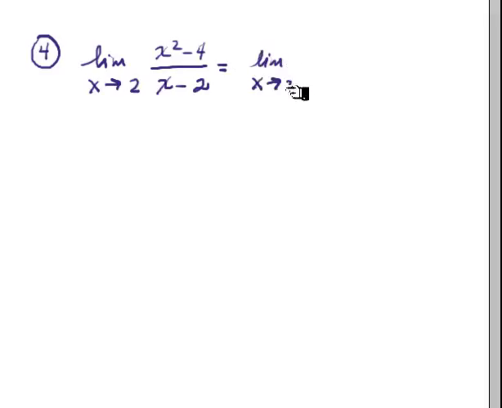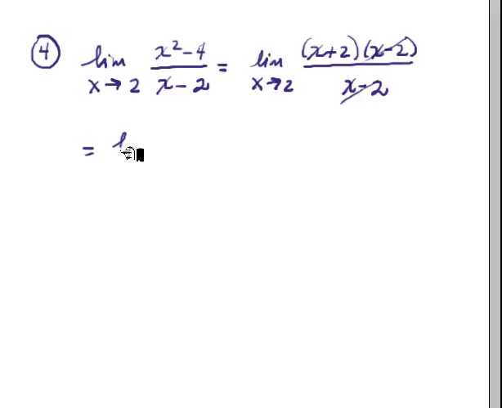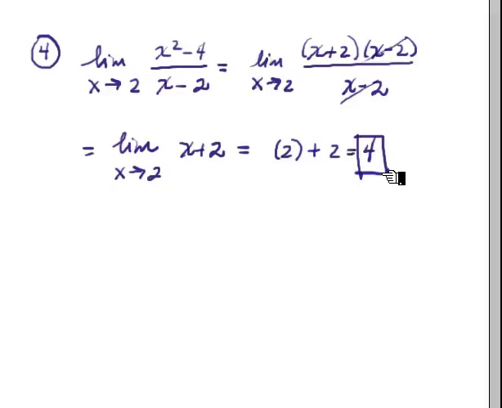We factor the numerator into x plus 2 times x minus 2, and then cancel the x minus 2 from the numerator and denominator. So now we're taking the limit as x goes to 2 of x plus 2, and we can just substitute in. We eliminated the x minus 2, the problem, from the denominator.